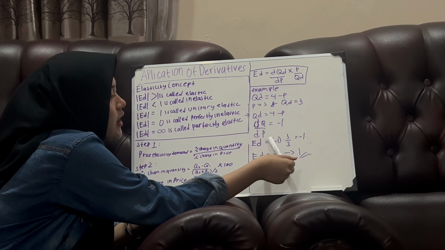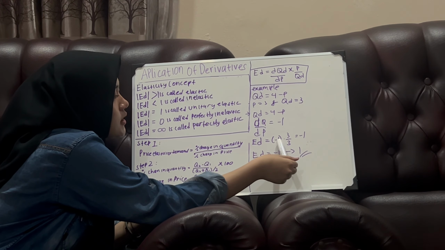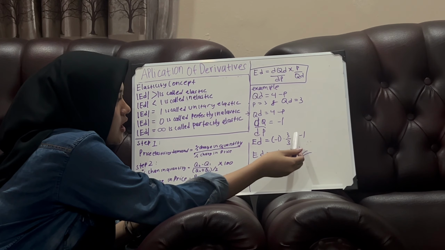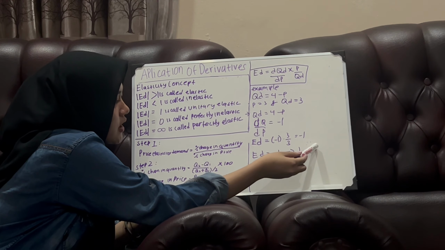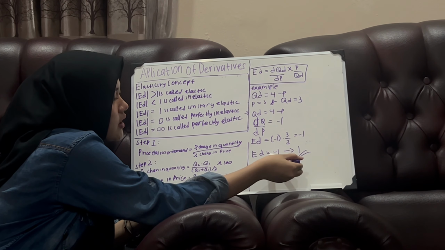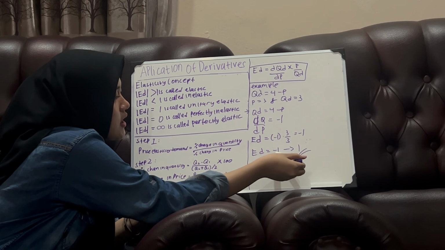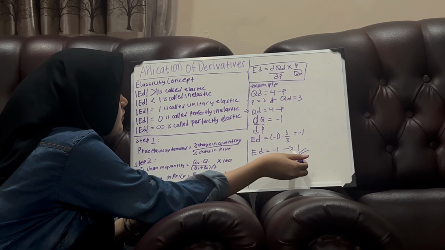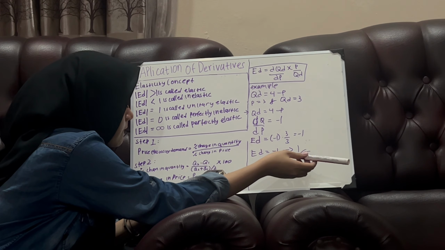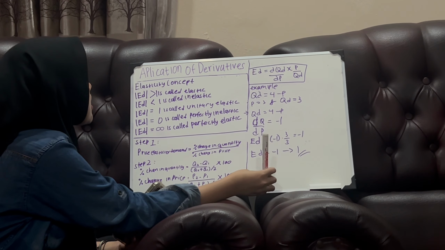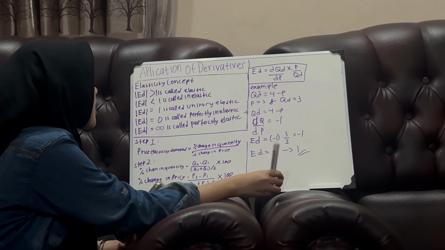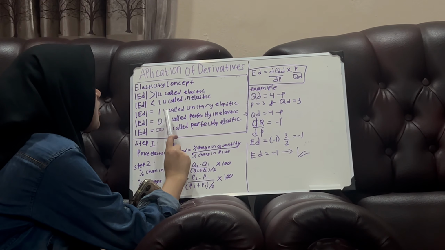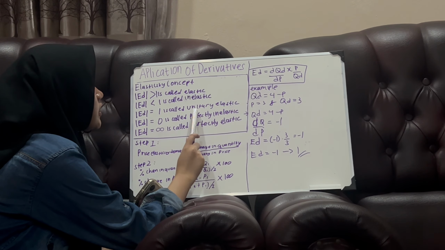ED equals minus 1 times 3 per 3, equals minus 1. The absolute value of ED equals 1, so it is called unitary elastic.